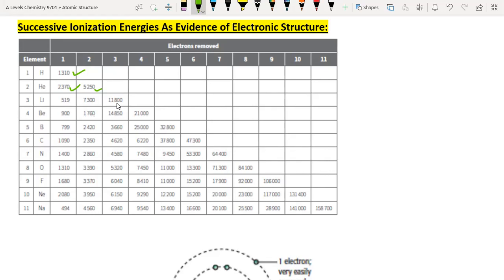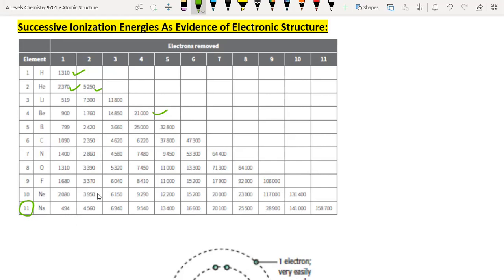If an atom has 4 electrons, like beryllium, it would have 4 ionization energies: first, second, third and fourth. Similarly, sodium has proton number 11, so it would have 11 electrons, so it will have 11 ionization energies.